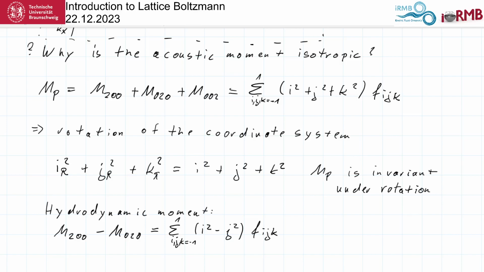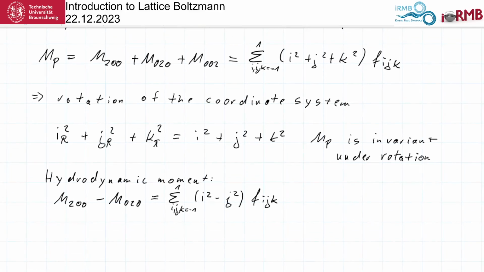We take the definition of these countable moments into the sum. Now here we'll look at a specific rotation, namely the rotation about the z-axis.